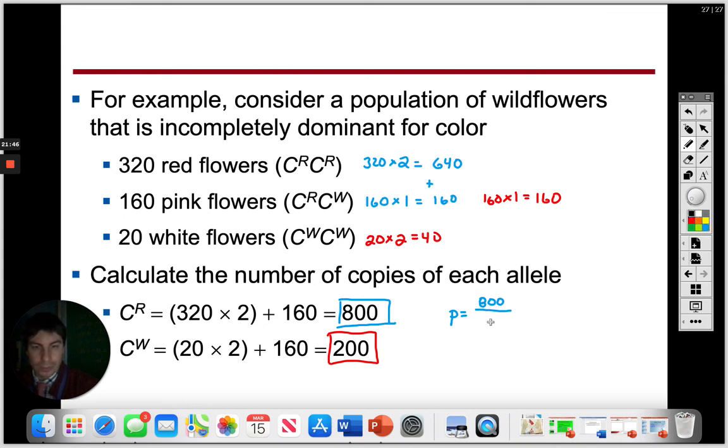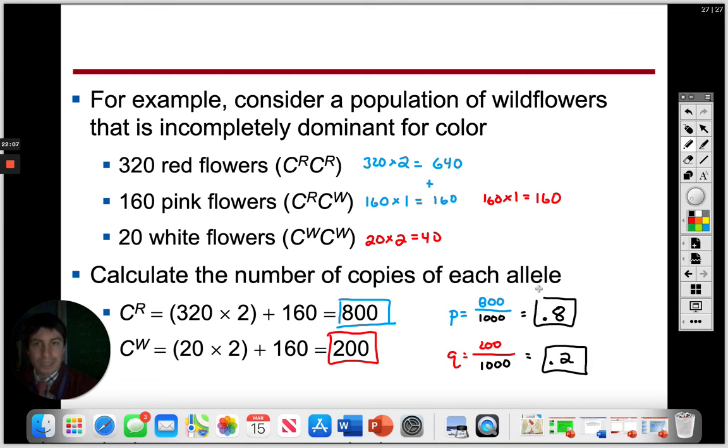So 800 plus 200 is 1,000. And we get 0.8. So P would equal 0.8. We could also do Q. That is our 200 divided by still our total, which is 1,000. And we would get 0.2 for our Q.